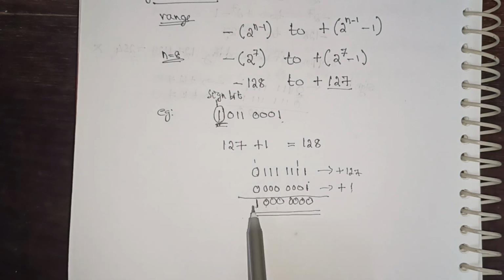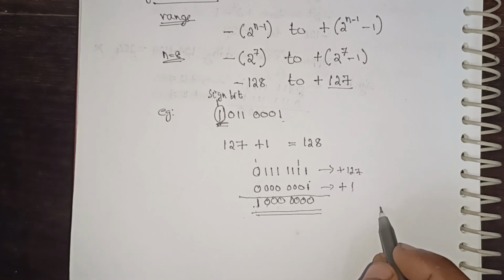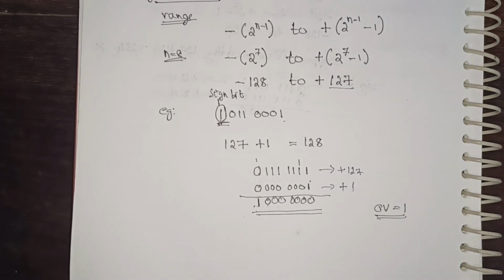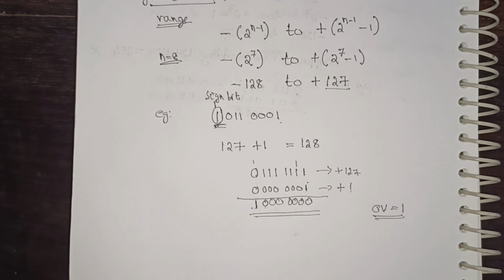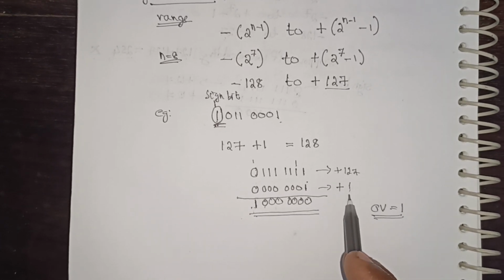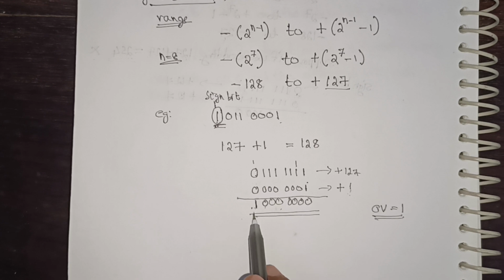And if the sign bit changes, the overflow flag is set. So under this condition, the overflow flag will be 1, and this indicates that we are out of the range. Or in other words, the magnitude of the result of this addition has overflowed into the sign bit. This is the condition where the overflow flag is set.